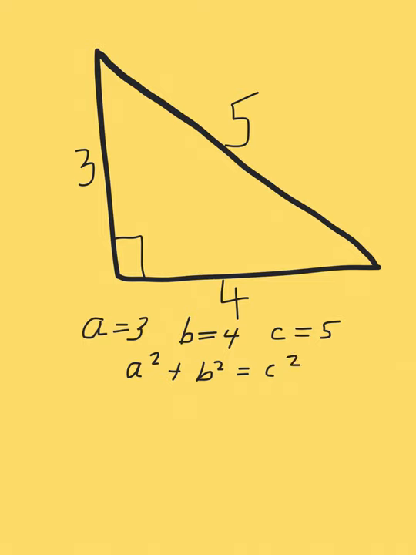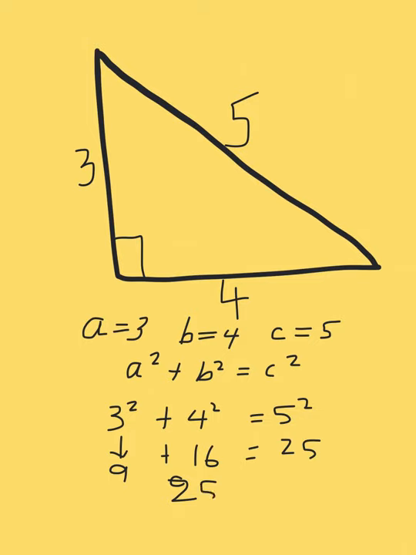I want to show you that the Pythagorean theorem actually works by plugging these numbers into the equation. So let's see, one leg is 3, the other leg is 4, and the hypotenuse is 5. 3 to the second power equals 9, 4 to the second power is 16, 5 to the second power is 25. 9 plus 16 is 25, and that equals 25.